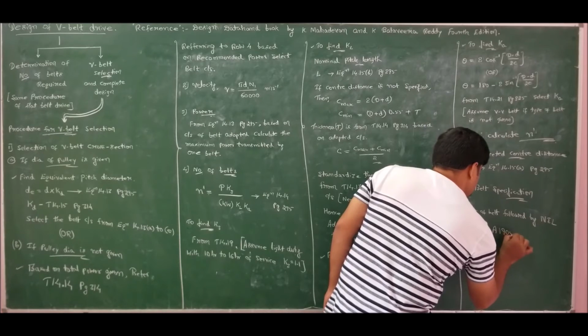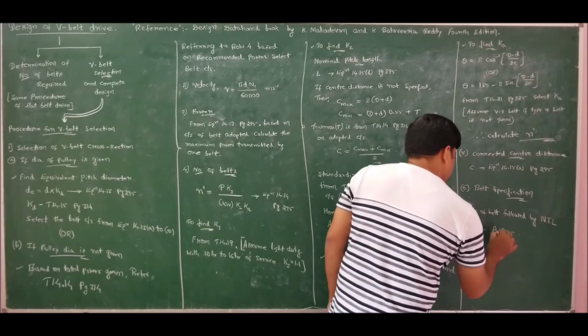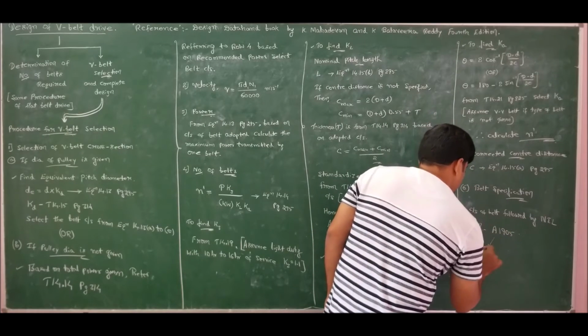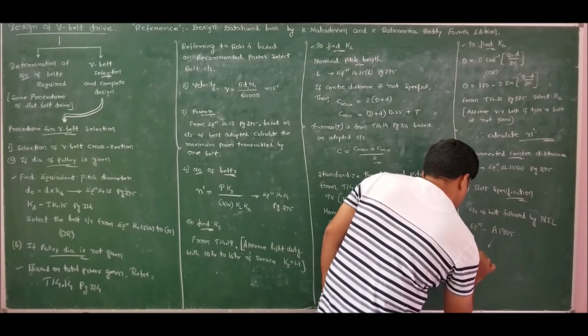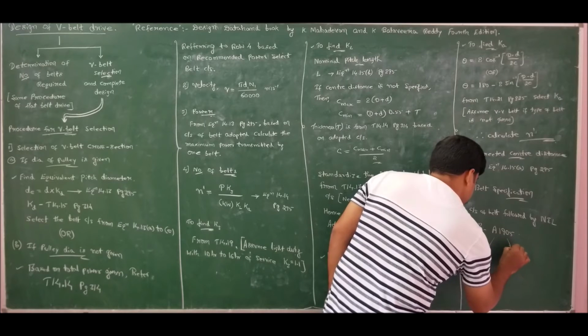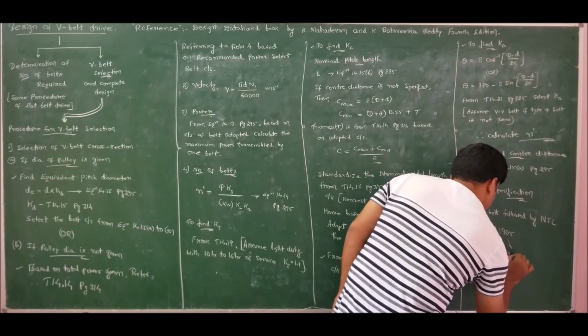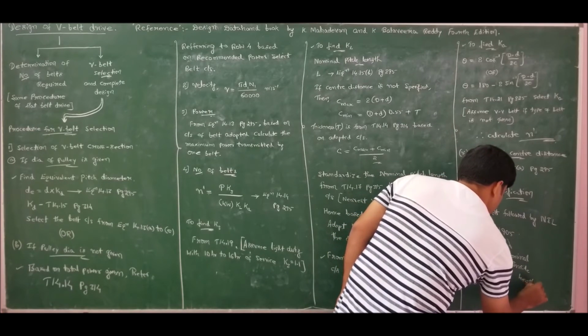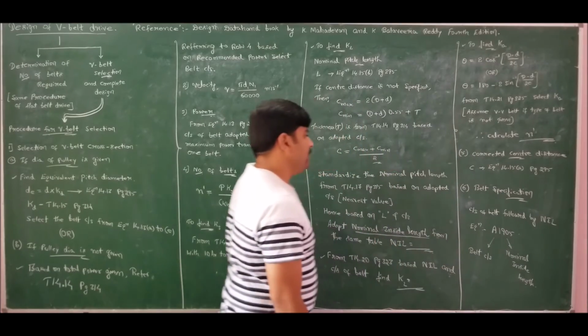Let us say it is 1905 mm. So this is the belt cross section and this is the nominal inside length. So this is how you will specify the belt.